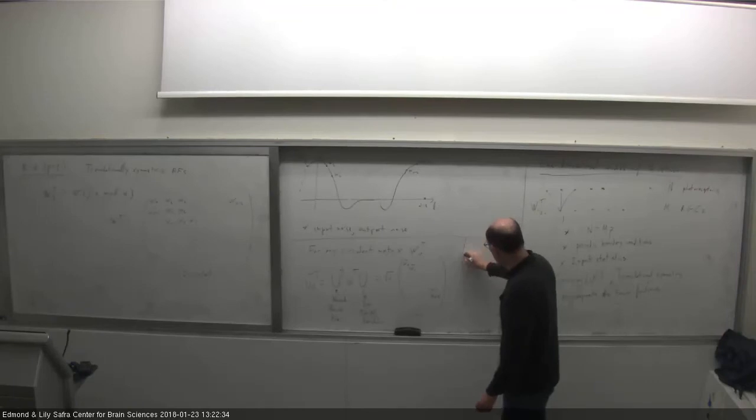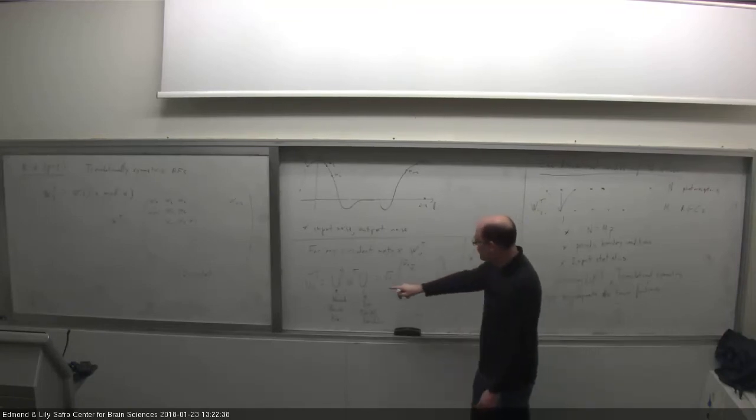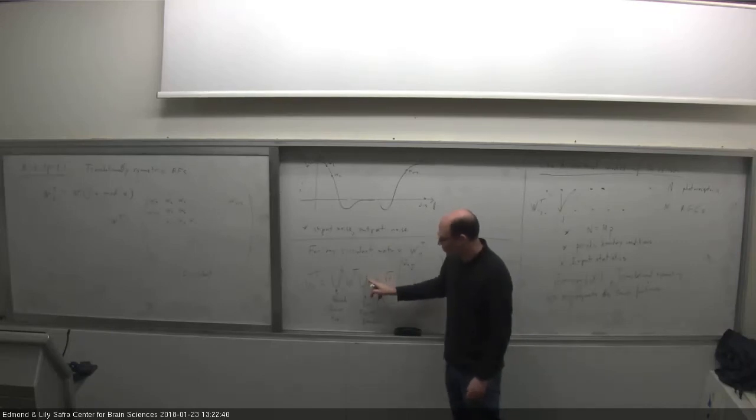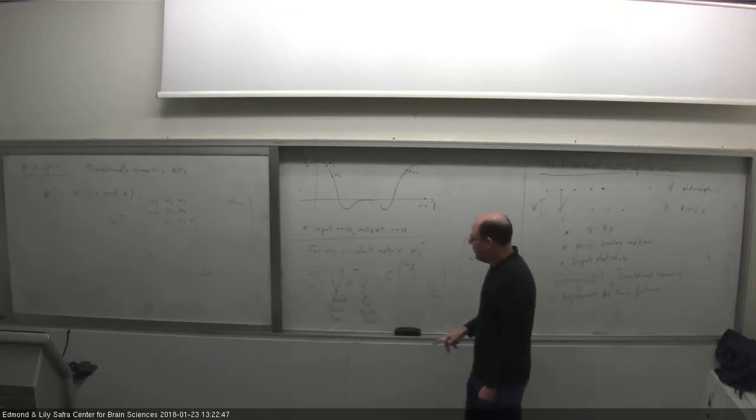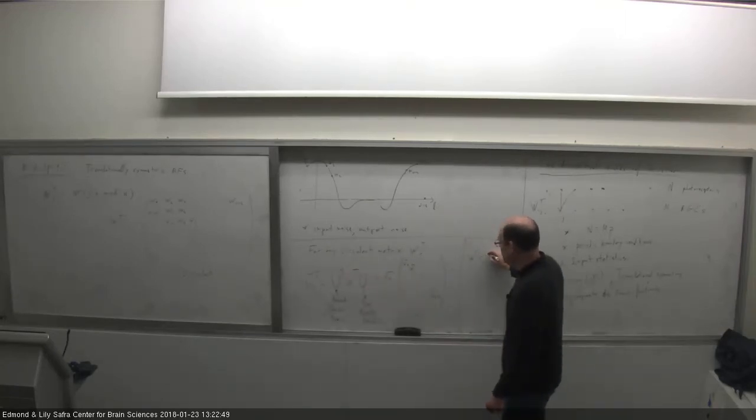To write that W transpose, I will multiply from the right by U dagger and from the left by U, and U dagger U is 1. So I will get that W transpose is U W tilde transpose U dagger. This is an inverse Fourier transform, and this is forward.